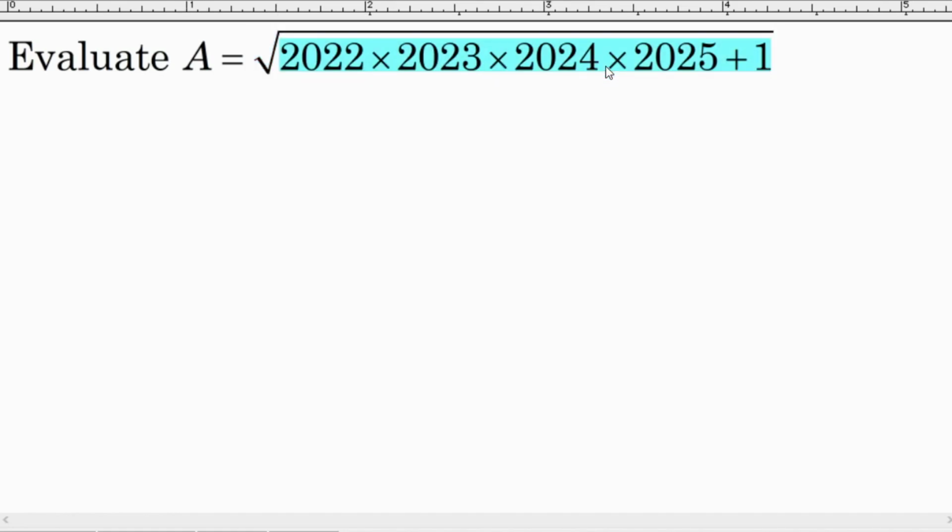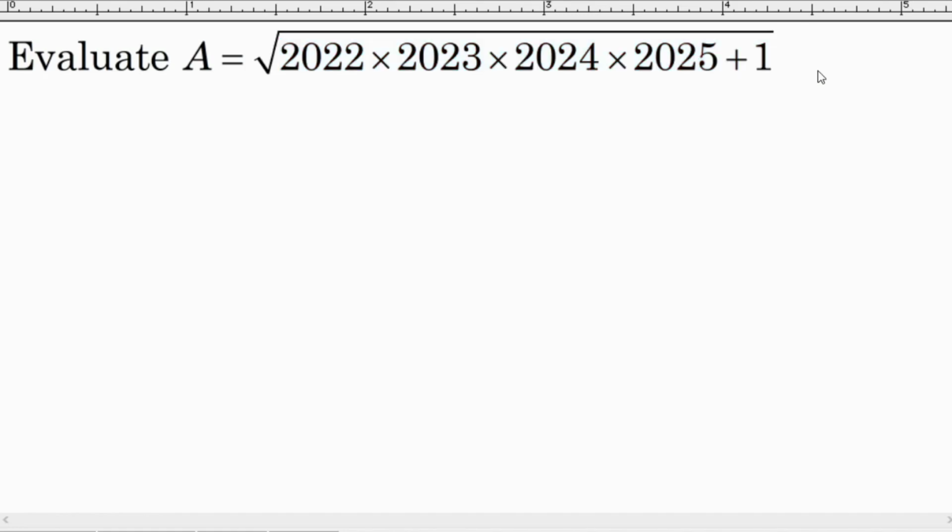If you use a calculator, it would be easy. But if you cannot use a calculator, it's probably difficult, right? So what can you do if you don't have a calculator? Now I'm going to solve this question for you. Please stay tuned to find out how we can solve this question together, okay?